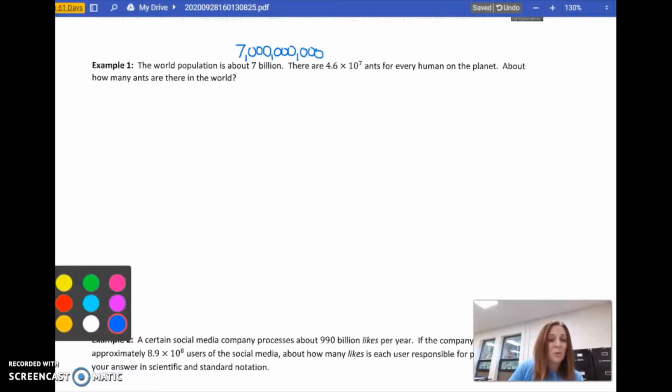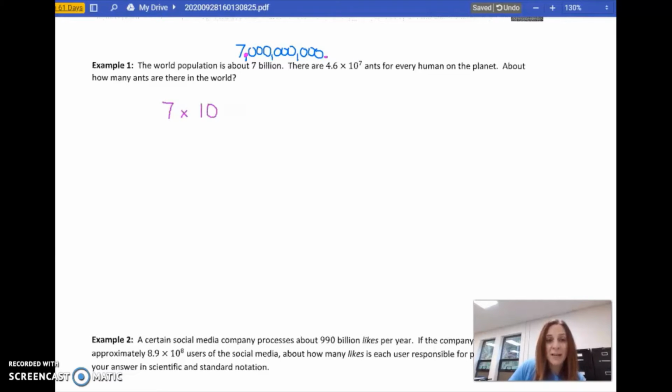So if I wanted to write this as a number in scientific notation, I want the decimal behind the 7, because then it's 7 times 10 to the 1, 2, 3, 4, 5, 6, 7, 8, 9. 7 times 10 to the 9th.